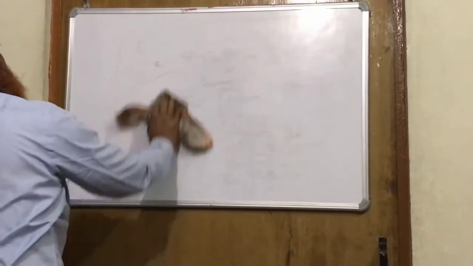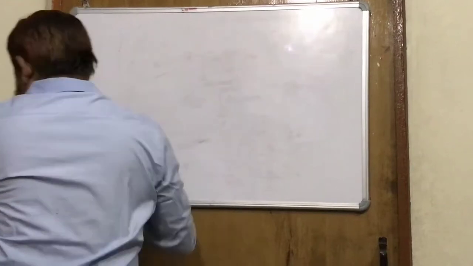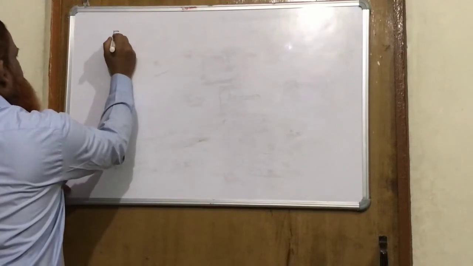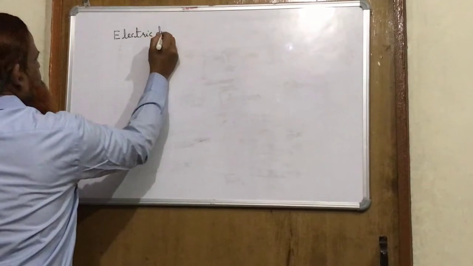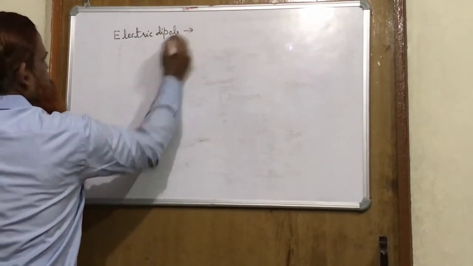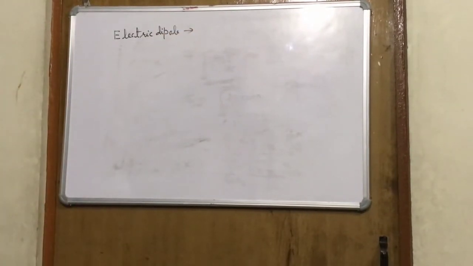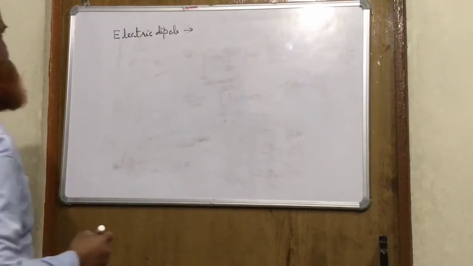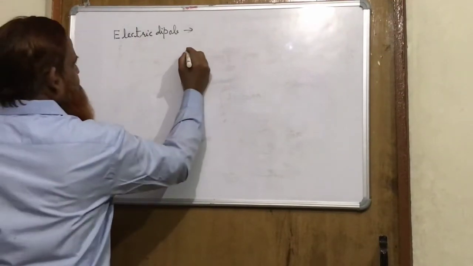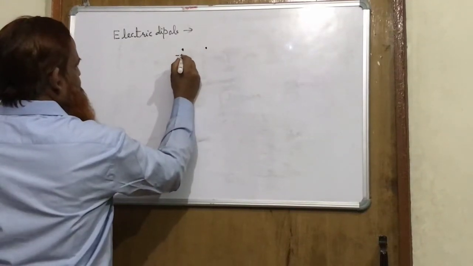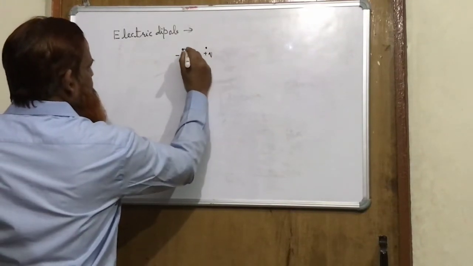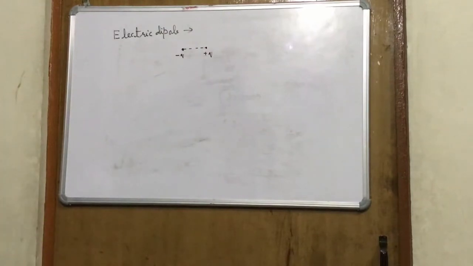Now we will learn about the electric dipole. What is an electric dipole? Two equal and opposite charges at some small distance form an electric dipole.